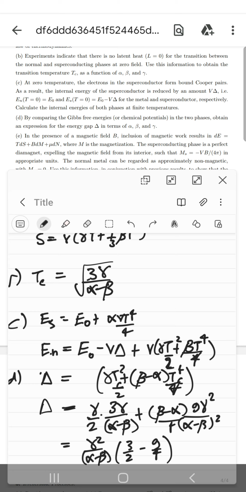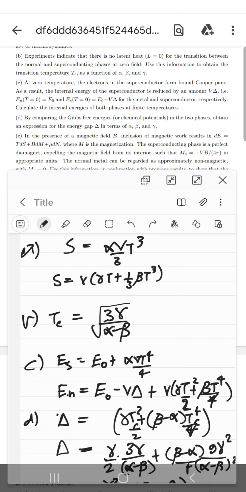And you should be having a beta minus alpha. Yes, that's how it is. So that gives you negative. So it's 9 upon 4. How does that even make sense? It's bigger than 2 times that. That should not be the case. You have Tc power 4 for some reason.